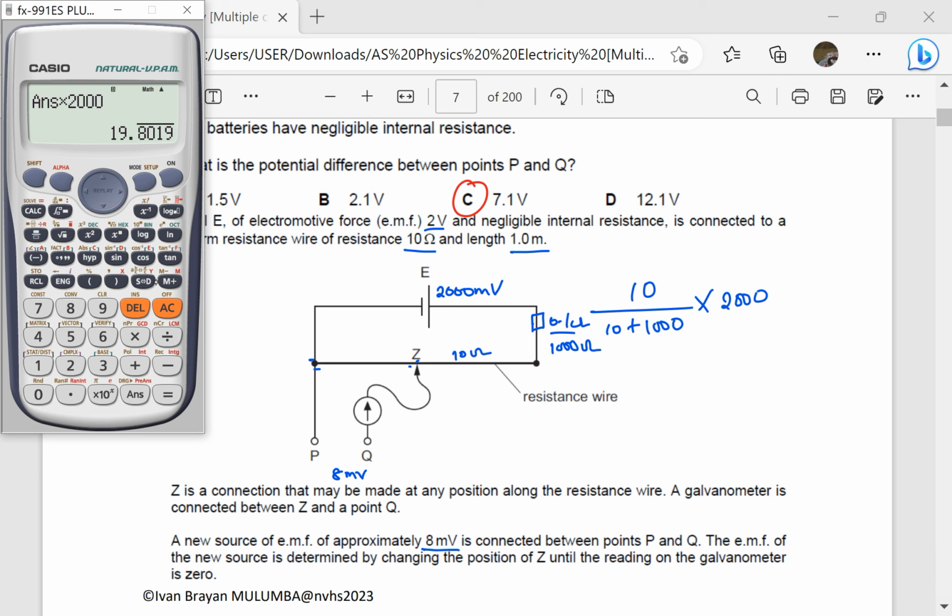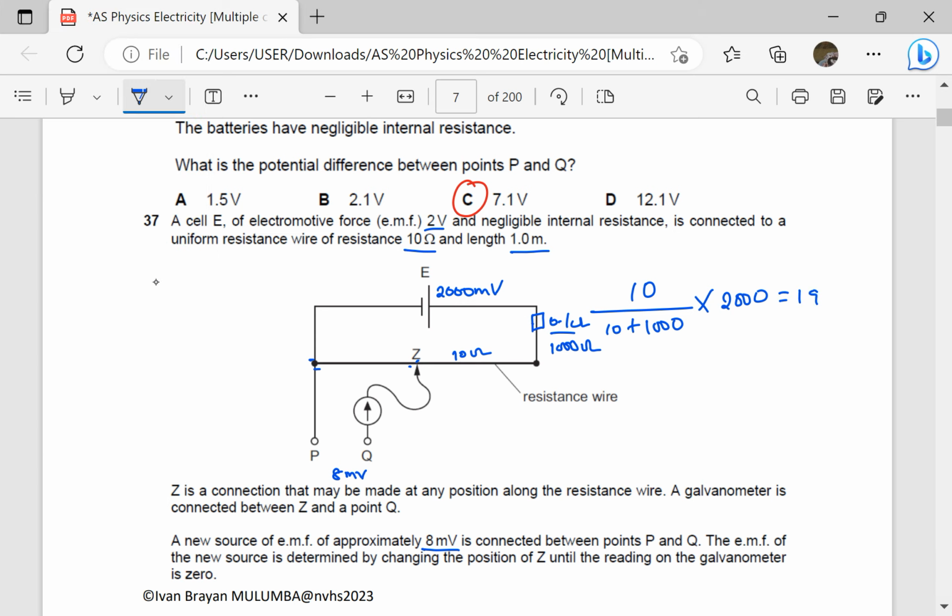That will give us around 19.8 millivolts as the PD across this wire. So this value is relatively big, such that it can help us to easily measure the PD across Z.